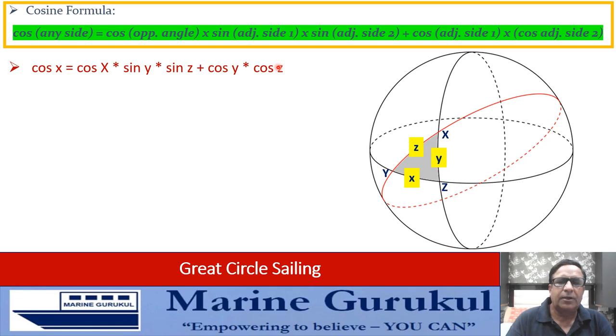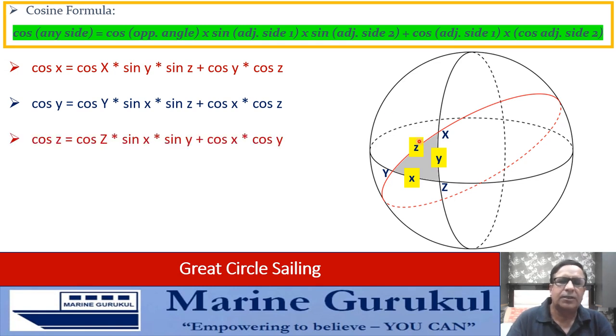The formula can be written again for cos y, and for cos y obviously the opposite angle is capital Y and adjacent sides are small x and z. Similarly for cosine of z, the opposite angle would be Z, adjacent sides would be small x and small y.